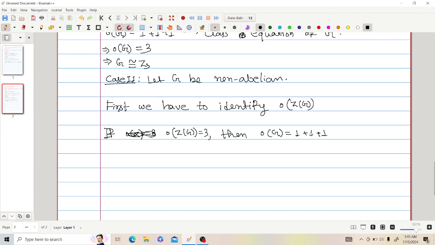Since there are only 3 conjugacy classes, this is all equal to 3. Now the order of G is 3, and we know that every group of order 3 is abelian. This implies G is abelian, which is a contradiction, which is not the case.